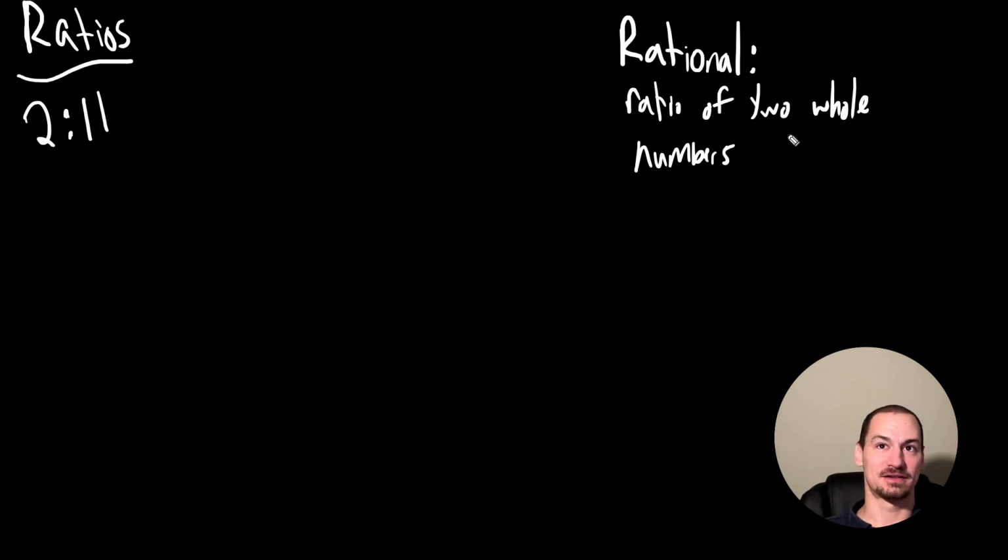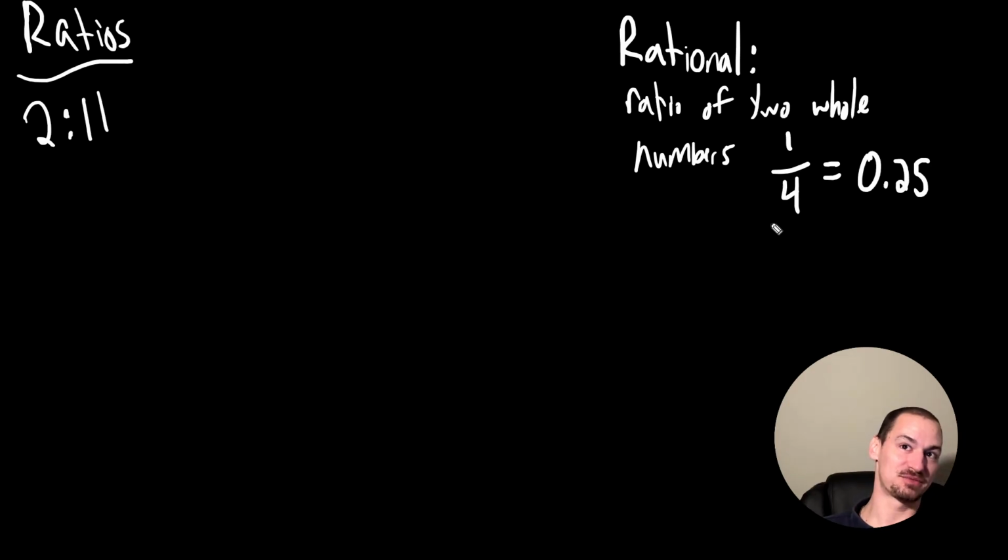So, like 1/4 is 1 out of 4. And then, of course, decimal equivalents of fractions are also rational numbers. That's why a lot of decimals are rational, the ones that have fraction equivalents, because they come from fractions, and fractions are ratios, so of course it makes sense to call them rational numbers.